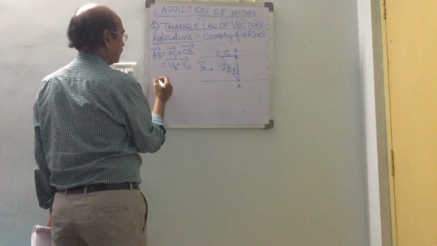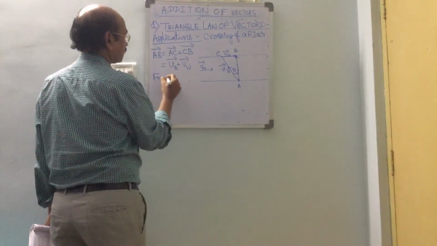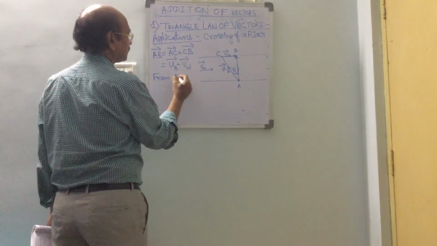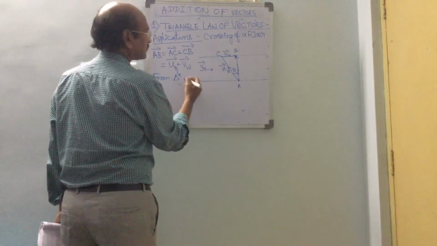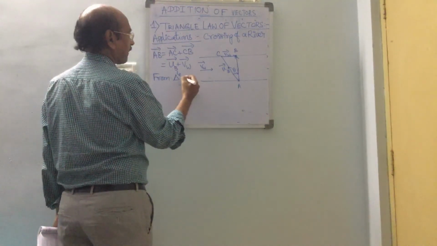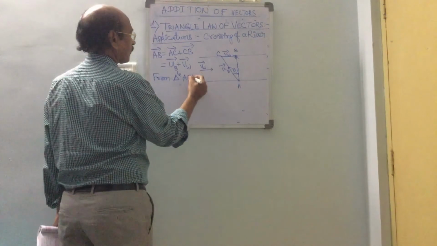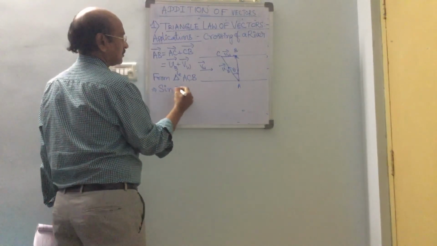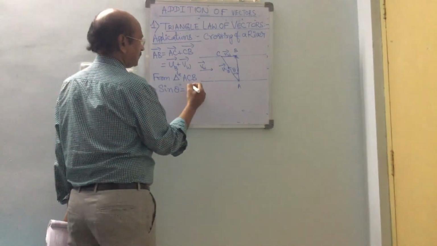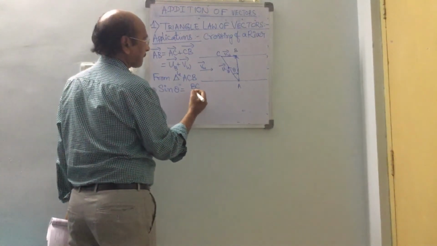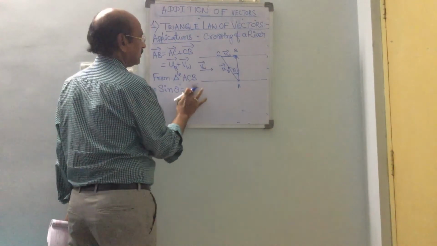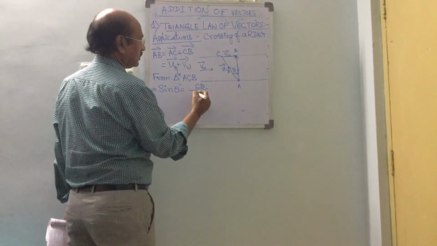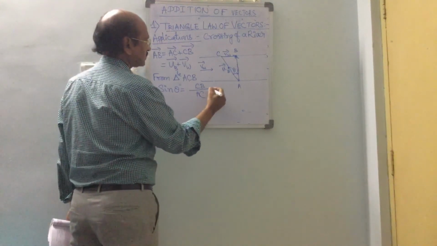Then from the figure, in triangle ACB, sin theta is equal to CB by AC, the hypotenuse.